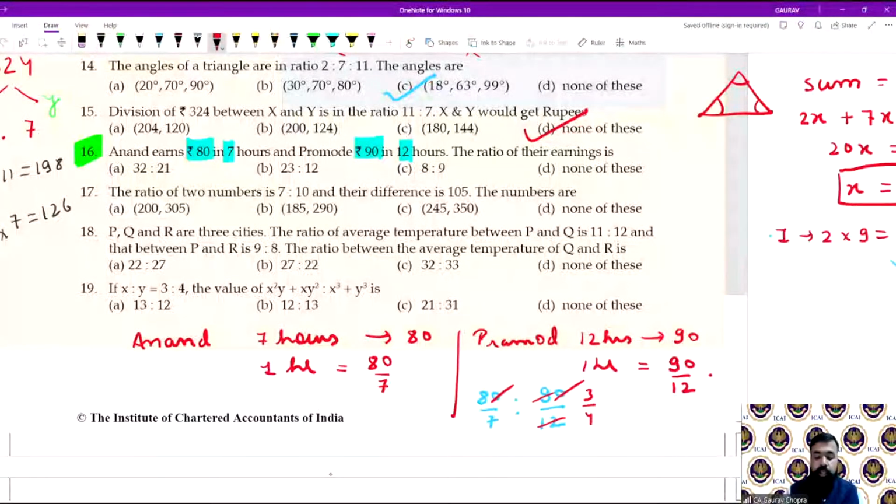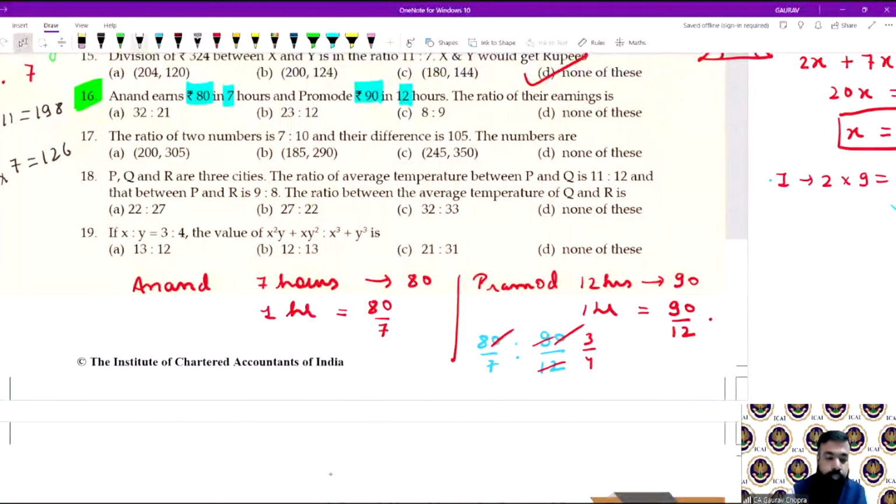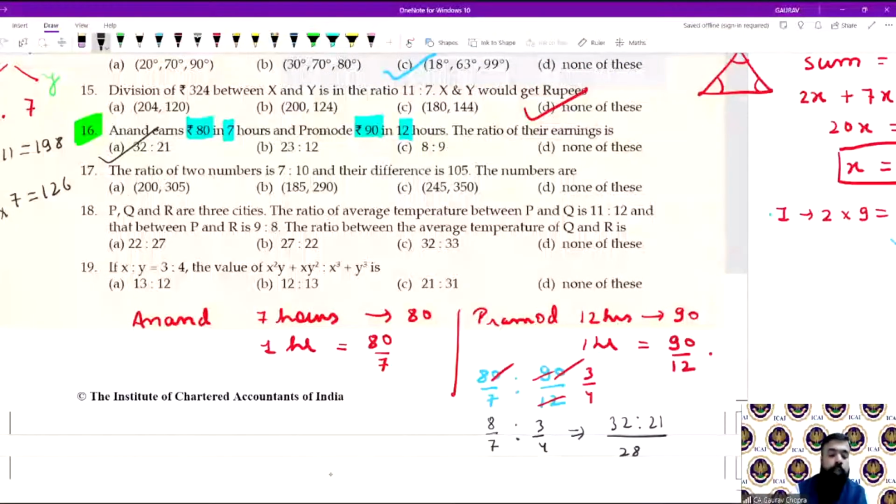Now take the LCM. So what is left? 8 by 7 ratio 3 by 4. LCM is 28. So we are getting 32 ratio 21. That is option number A.